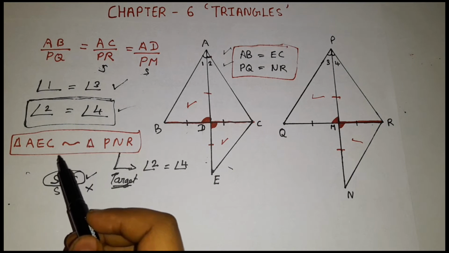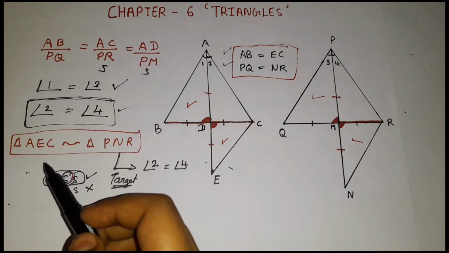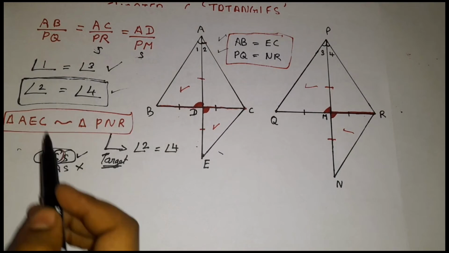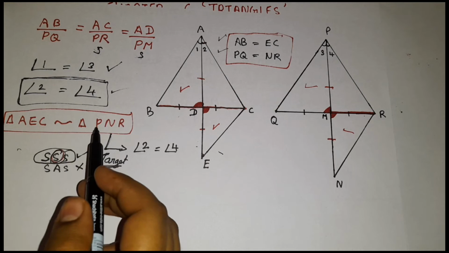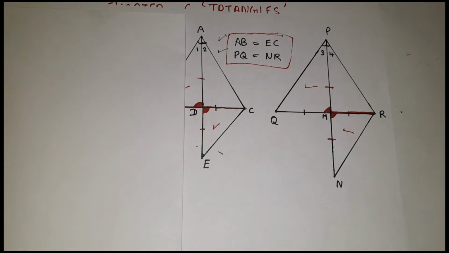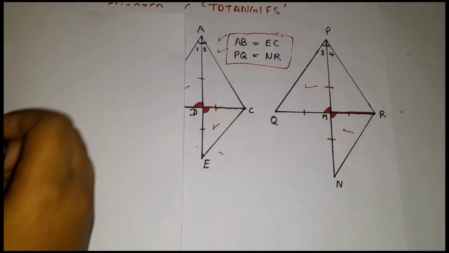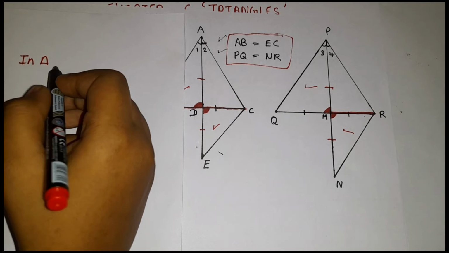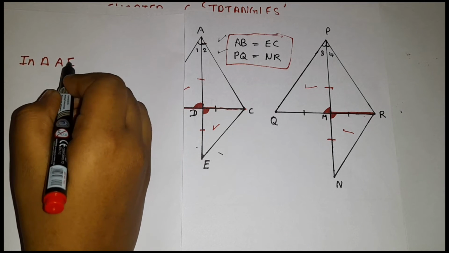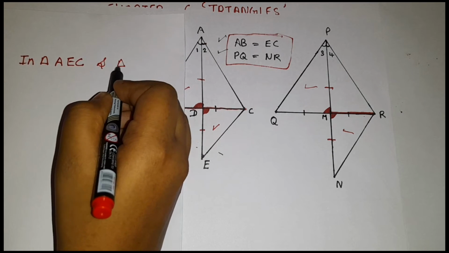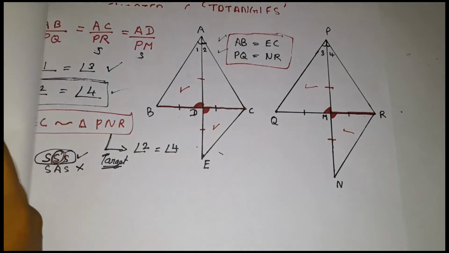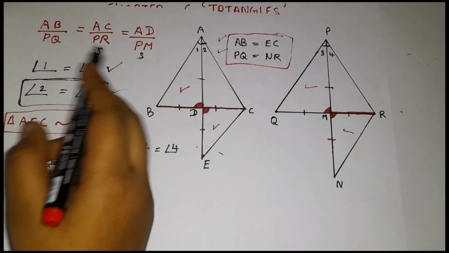So now we can say it is similar. I am going to take triangle AEC and triangle PNR, since you guys know I am going to prove this is similar. In these both triangles, I can use this information, which was mentioned in the question.